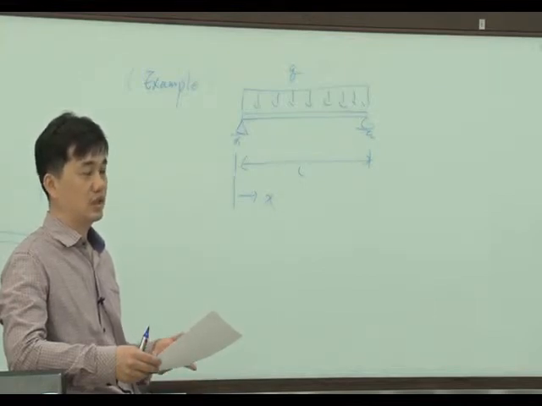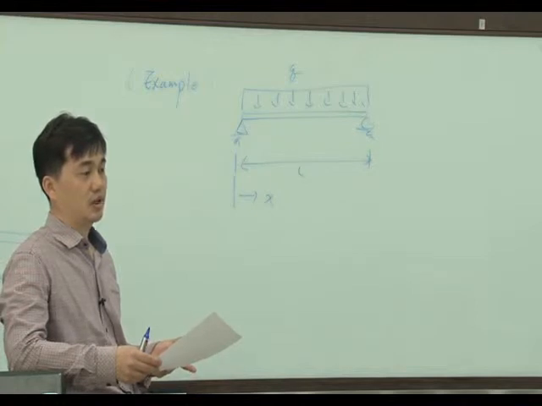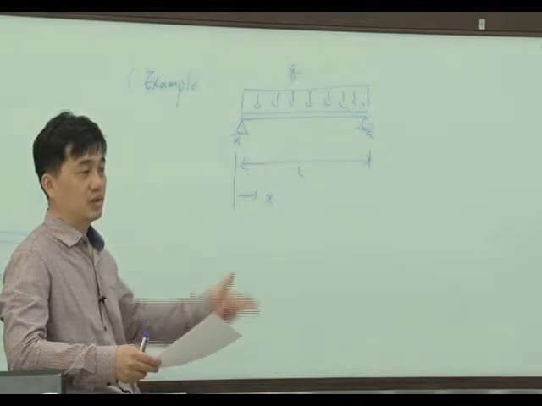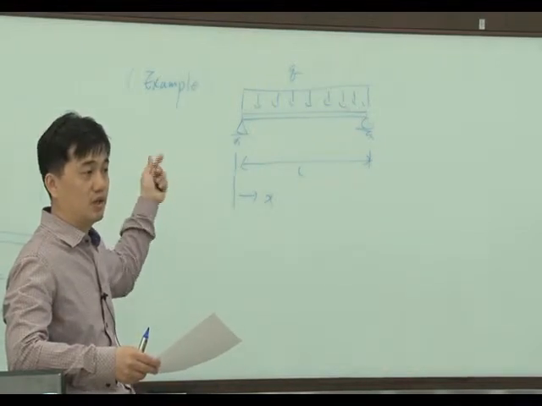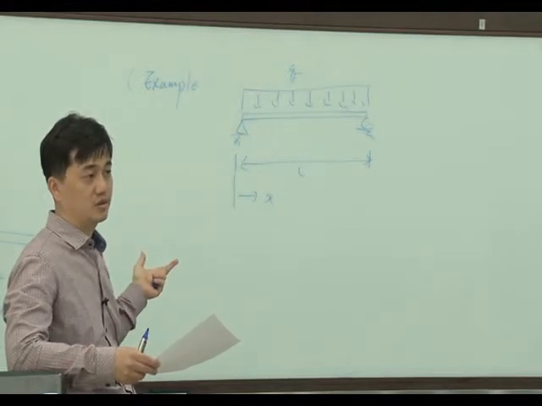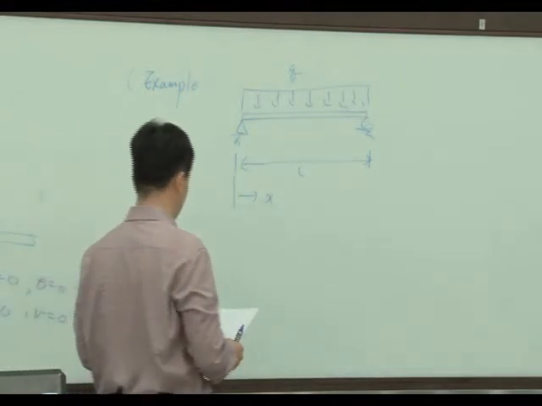This is a really big power, a very strong advantage. Using the strong form, we can calculate the exact solution, right? But if we use the weak form, we can calculate the exact solution, and also we can calculate approximations. So I'm going to show you how to do it.